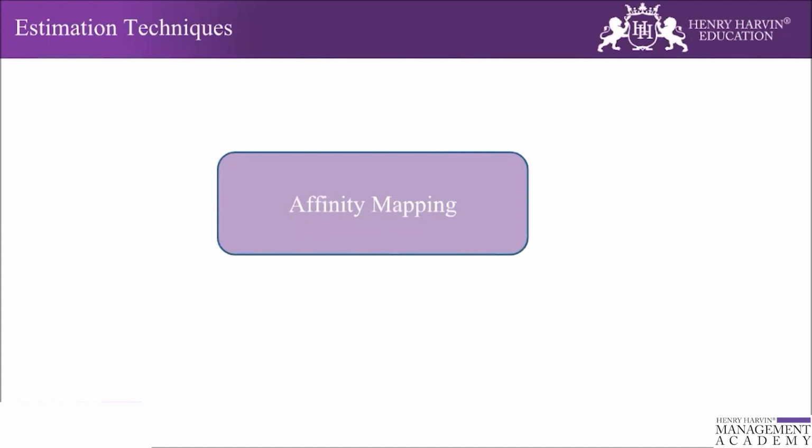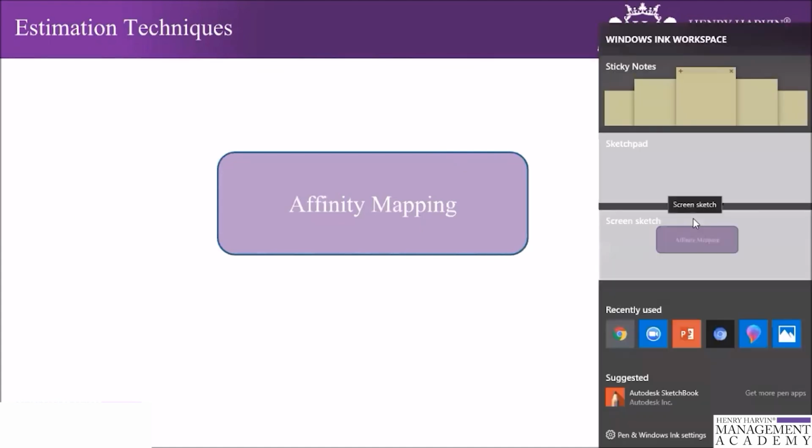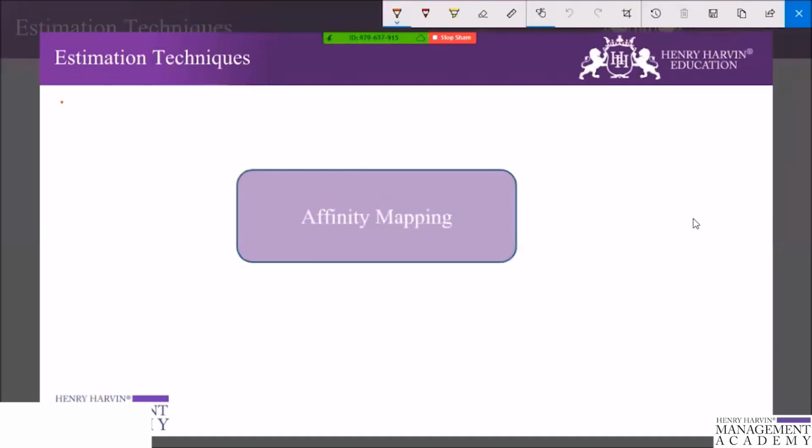So always make sure that you have all these items ready before you do the affinity mapping, right? So the first step in the affinity mapping is the silent relative sizing.